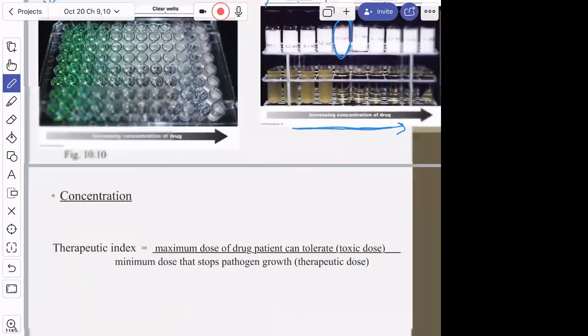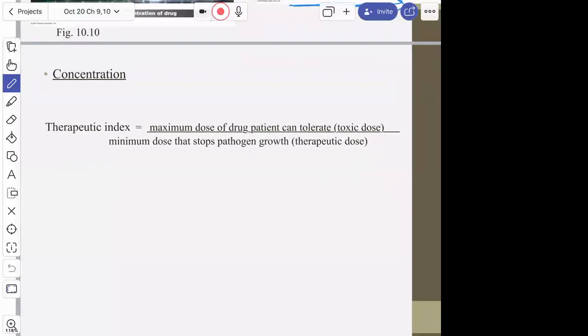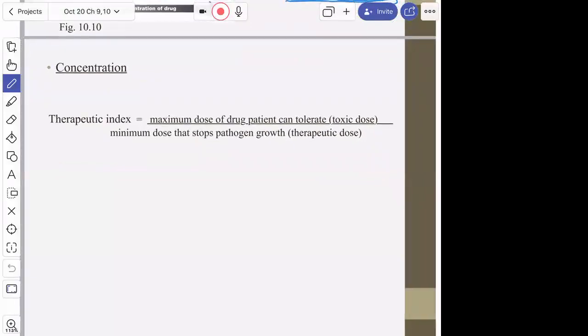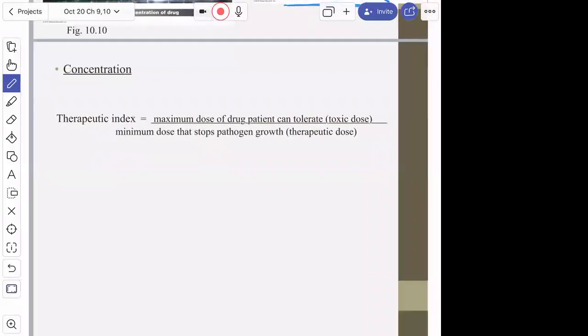Okay. In thinking about concentration, of course, if you use too high of a concentration of a drug, that can be toxic to your patient, but you have to use enough so that it's toxic to the bacteria. So we can express this by something called the therapeutic index.